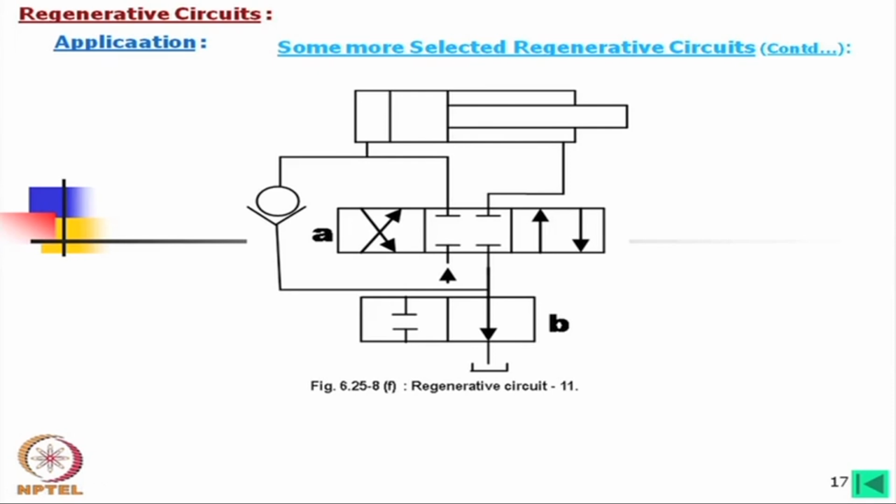Do you understand? Not unpredictable. You see this, you have operated this one. So, oil can go this way, it can return, and oil can come from this way and it can go back to tank if it is in the neutral position.